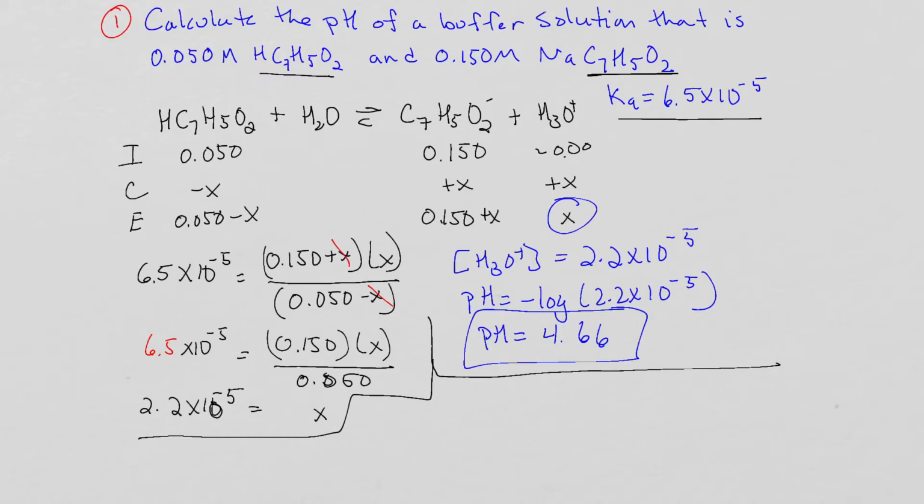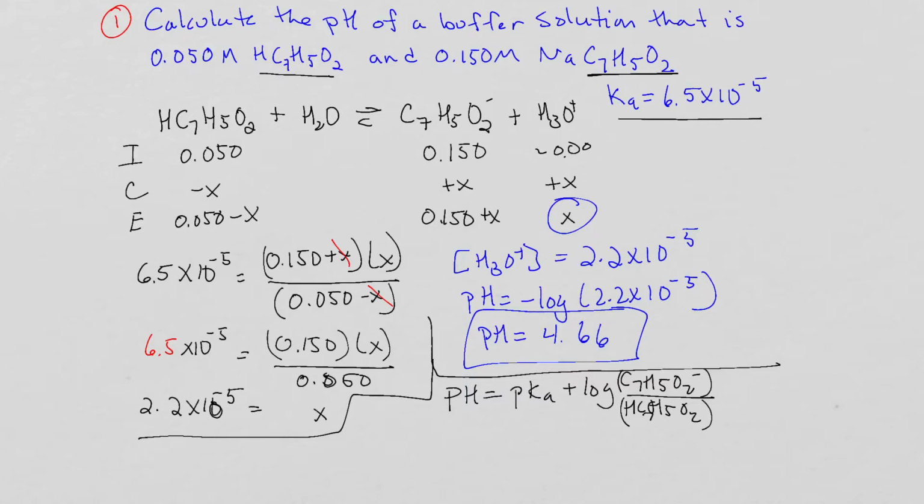So remember, it's pH equals the pKa plus the log of the base concentration. So that's going to be the C7H5O2 minus over the acid concentration.